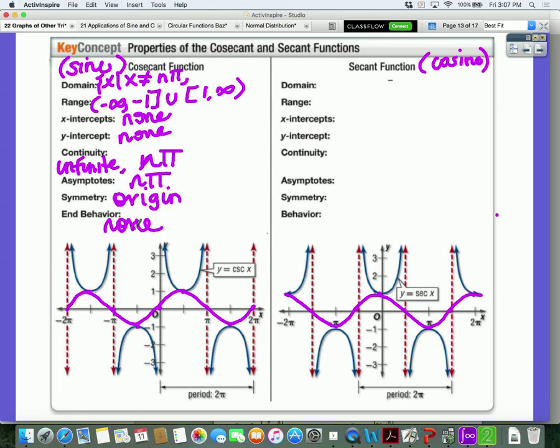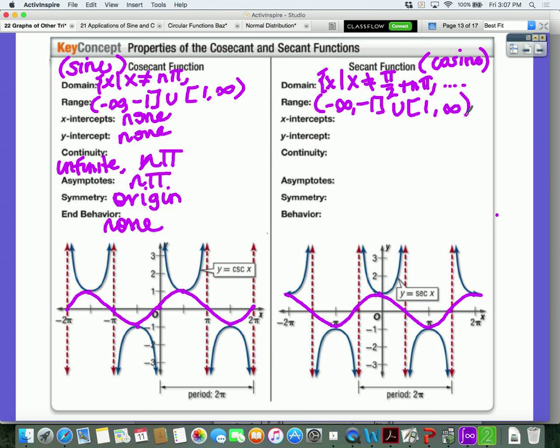The domain over here is all real numbers except pi over 2 plus n pi, with the normal follow after. Your range is the same range as cosecant, from negative infinity to -1 included, and then from 1 to infinity.